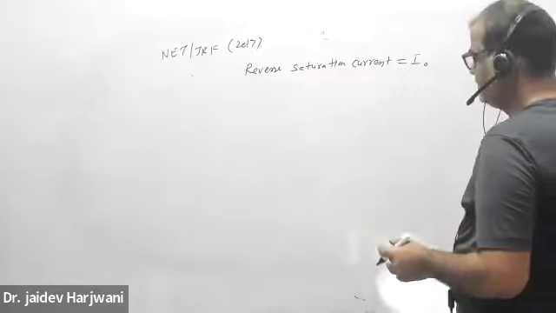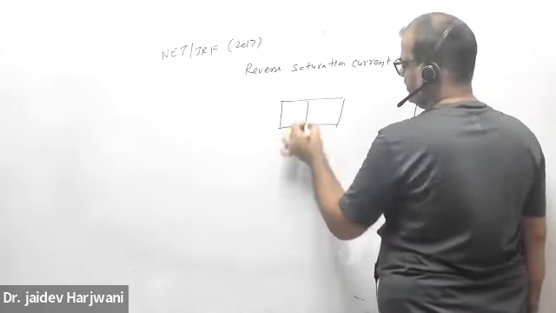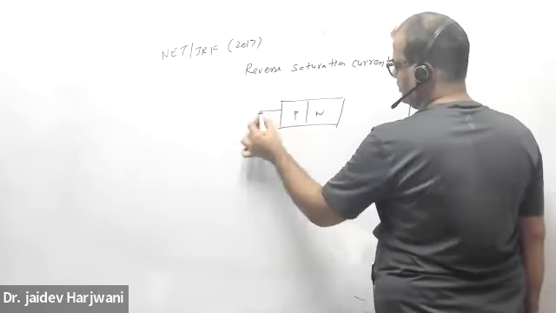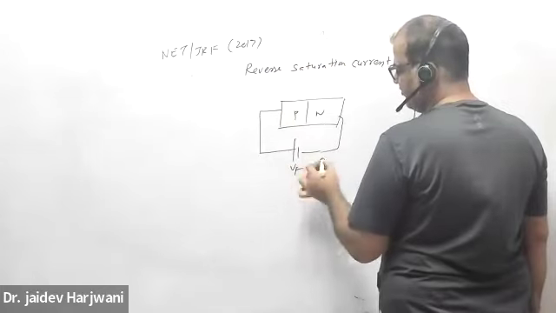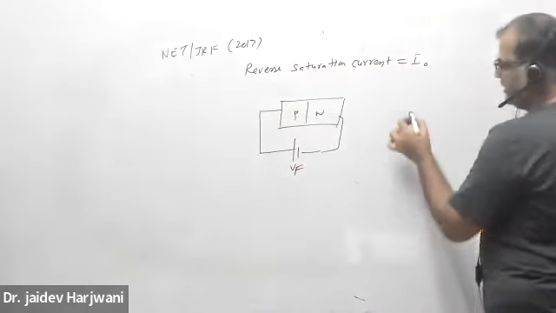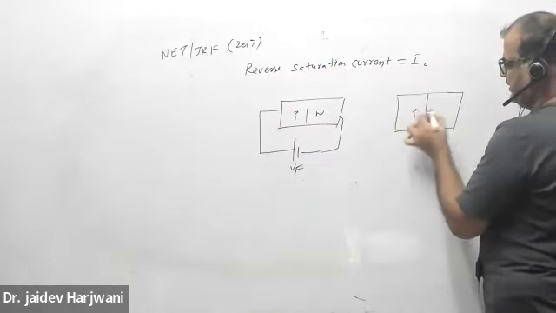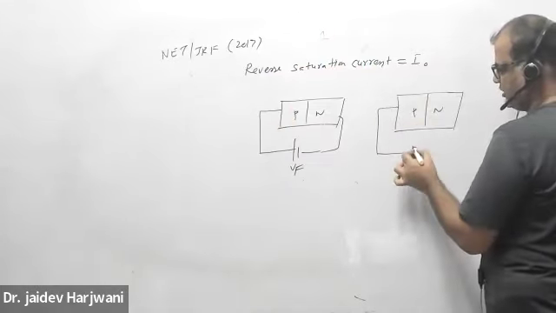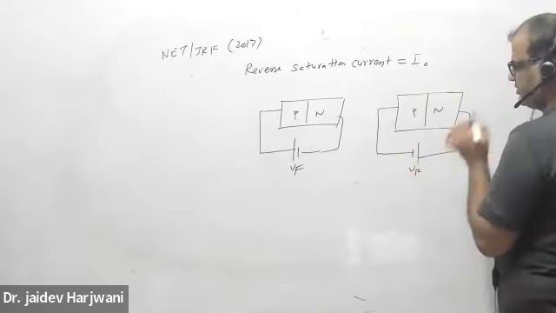So you have a junction. One time you are making this junction forward bias, applying VF, and the second time you are making this junction reverse bias, applying a voltage VR opposite to this one.